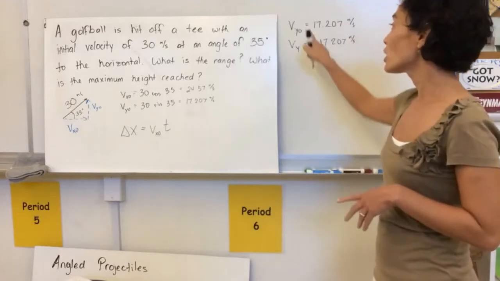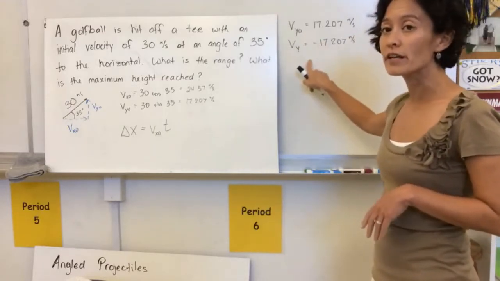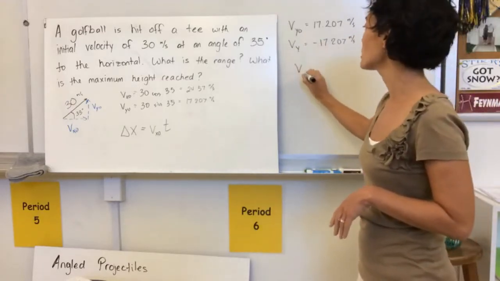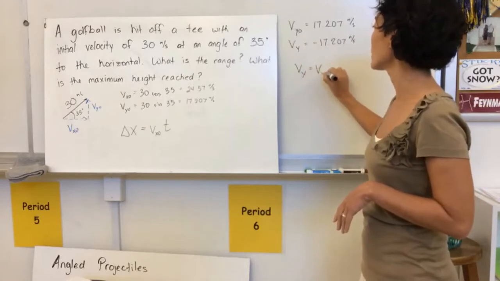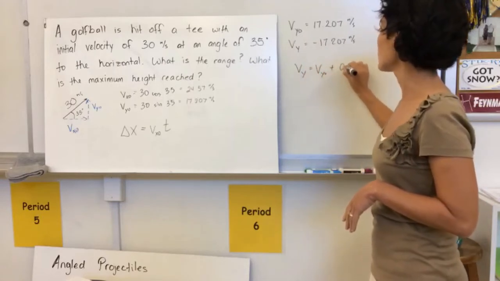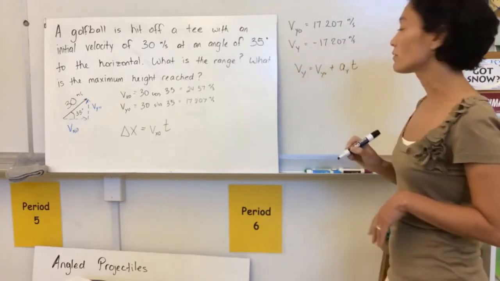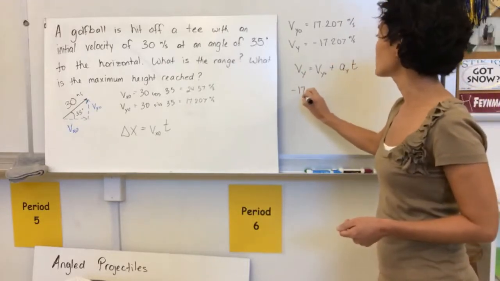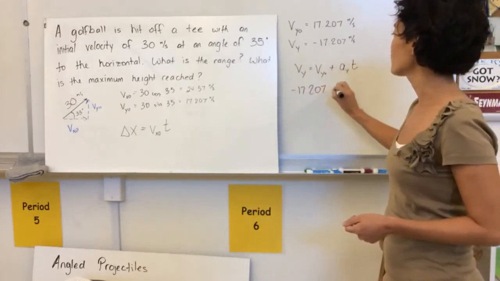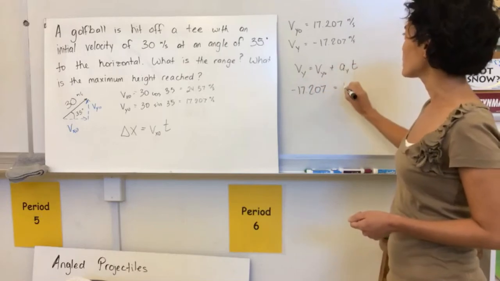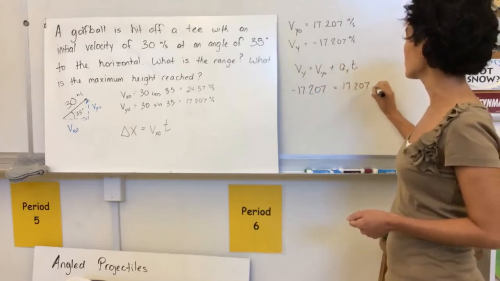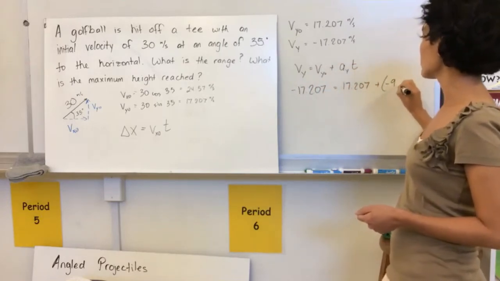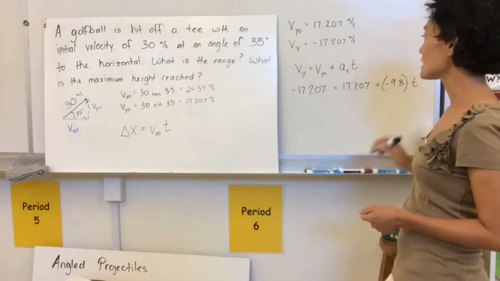So I know my initial value and my final value, and I could use that first equation, Vy equals Vy naught plus a t, and figure out what my time is, because I know my Vy is negative 17.207, my Vy naught value is 17.207, my acceleration is negative 9.8, and I can solve for my t.